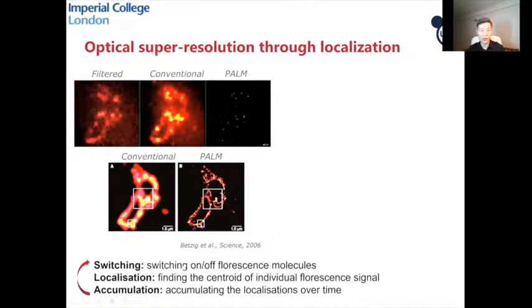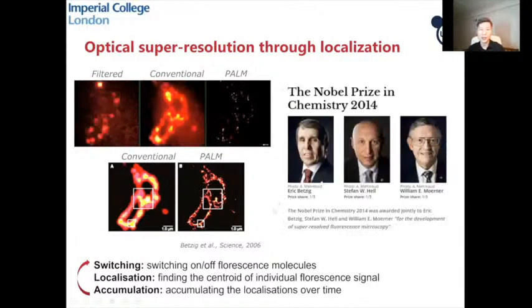They use advanced optical technique to switch on and off these fluorescence molecules individually and sparsely, and then they localize them. This localization is the next step. They find the centroid of the individual fluorescence signals, and then they accumulate them over time. So this is actually the subject of the Nobel Prize in Chemistry in 2014.